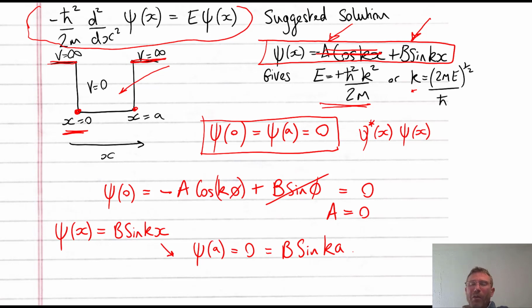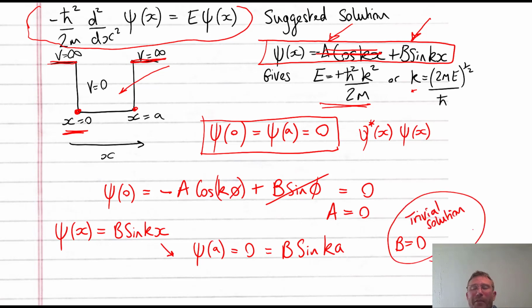So now we have to ask ourselves, when is sine ka 0? Of course, b could be equal to 0, but if b is equal to 0, then psi is equal to 0. It's what we would call the trivial solution, so we're not going to spend too much time on it, but I'm going to recognize it nevertheless.